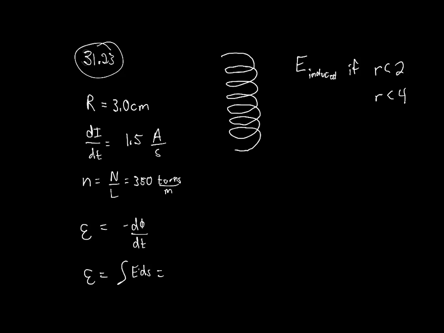So this integral of E ds is equal to the circumference of where I'm calculating the field. So, what's the circumference of a circle? 2 pi r. Yep, so this EMF is equal to E times 2 pi r.